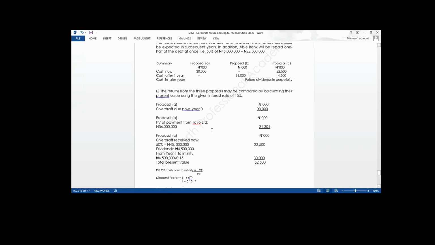That should give us 0.870. Please multiply by 36 million. What's the present value? 36 million multiplied by 0.870.